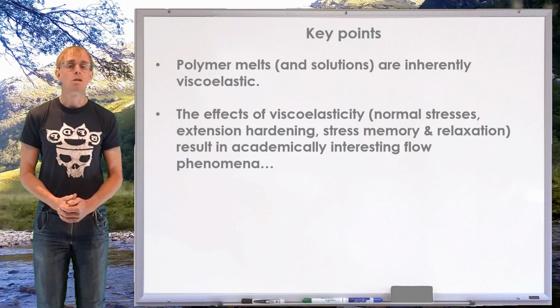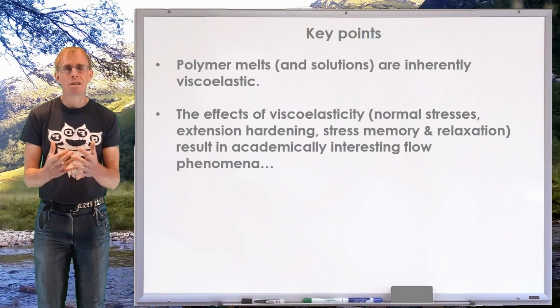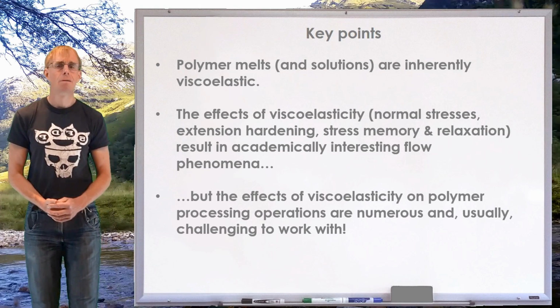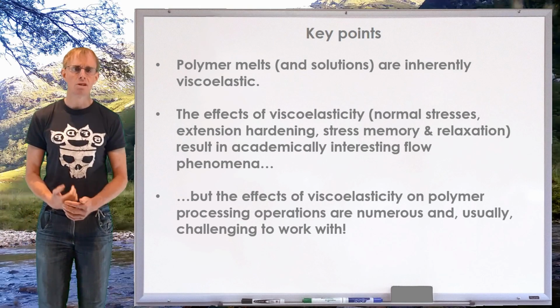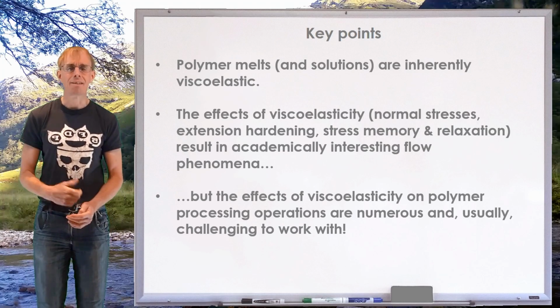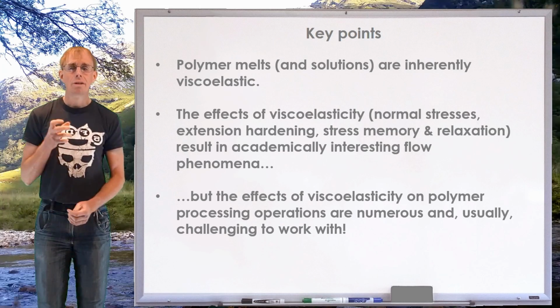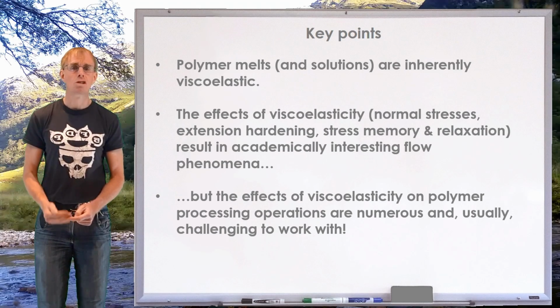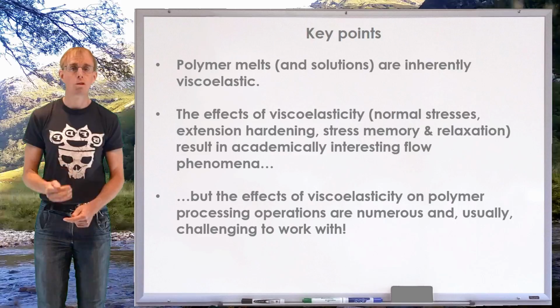A lot of these we'll be talking about in the next lesson. These are fascinating from an academic standpoint, but a real pain from a manufacturing standpoint when you actually need to make something consistently to the correct tolerances day in, day out, year in, year out. And so the key point here really is that viscoelasticity in relation to polymer processing operations is quite a challenging phenomenon to work with.